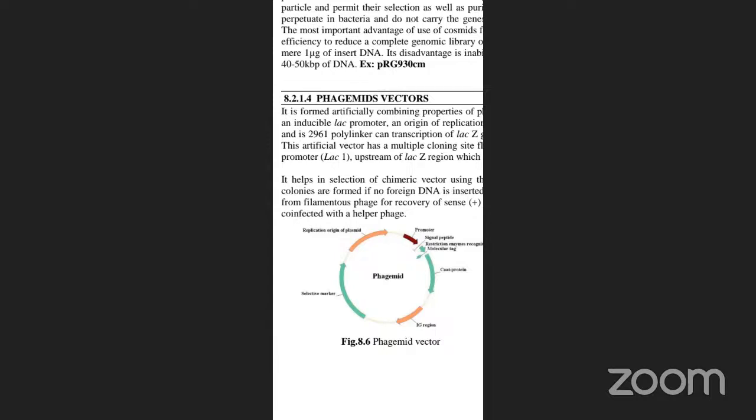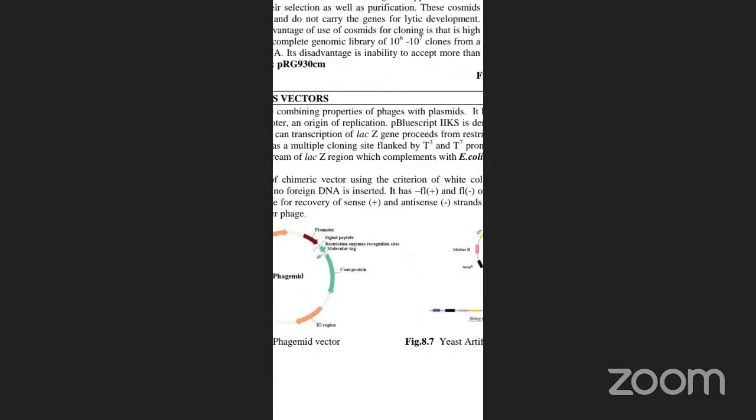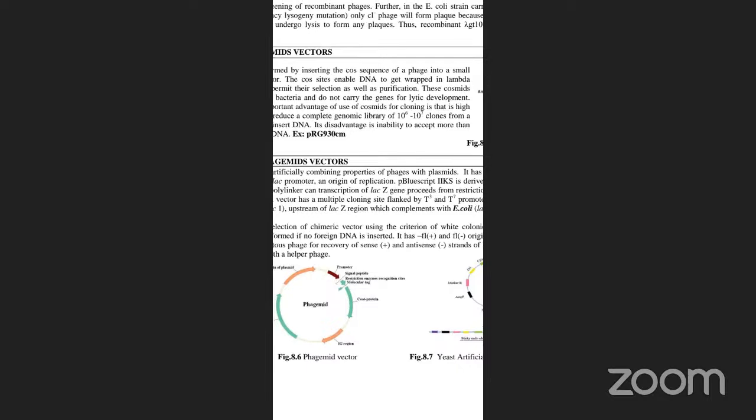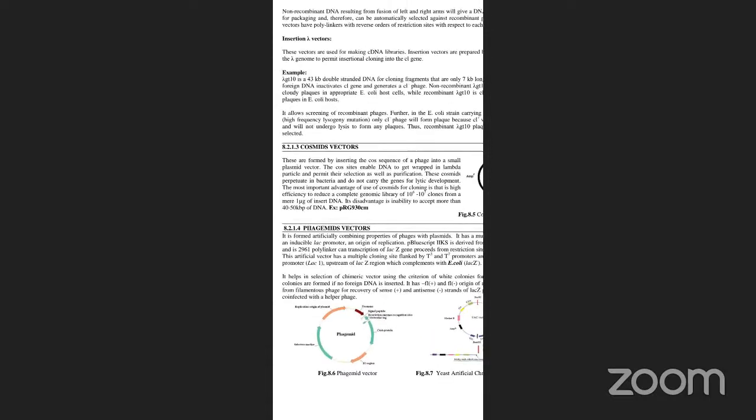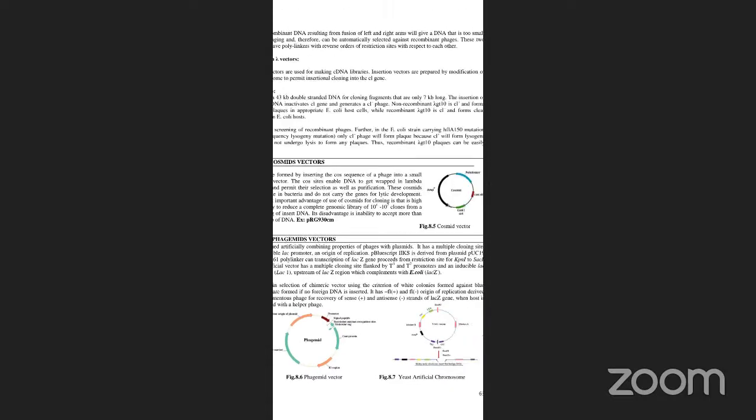Then this is the origin of replication for the plasmid. Then you have the promoter, then signal peptide, restriction enzyme sites, then coat protein and Ig region for production. This is a phage, called helper phage. So these are the genes from bacteriophages.